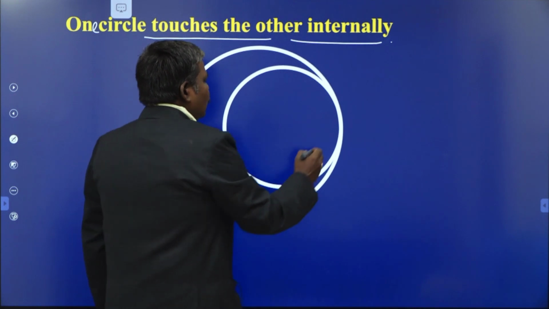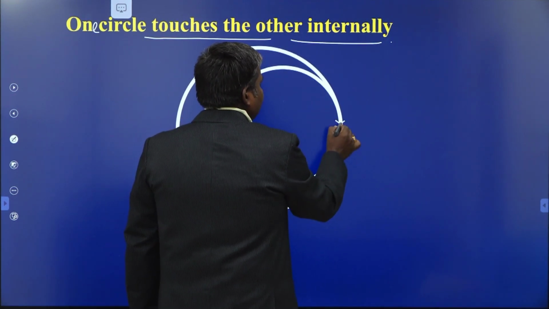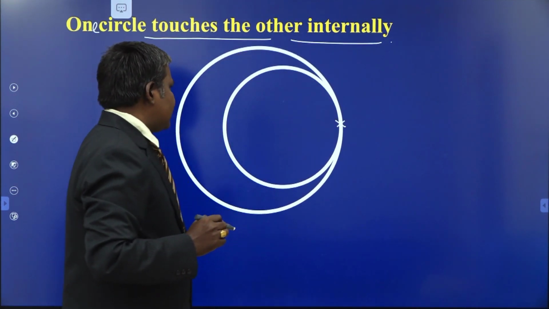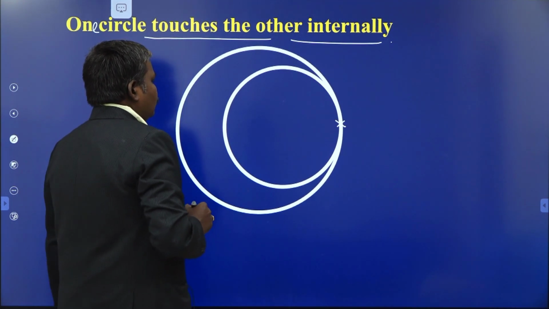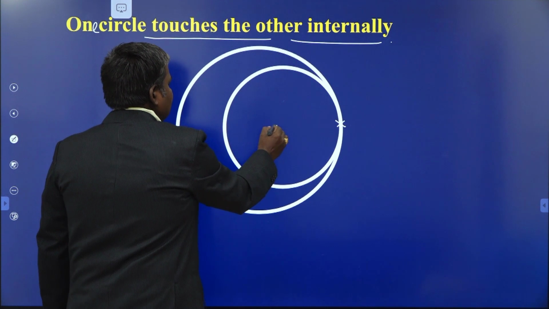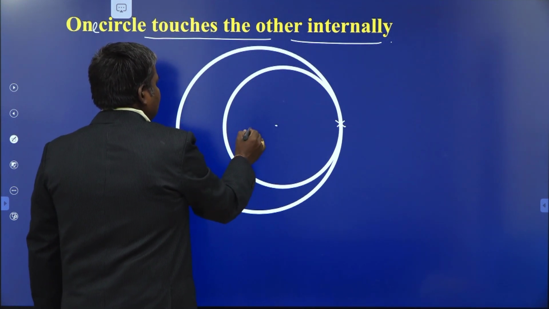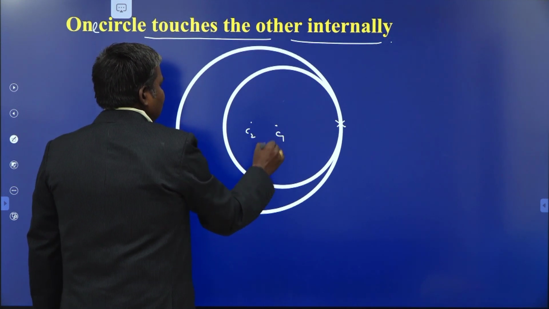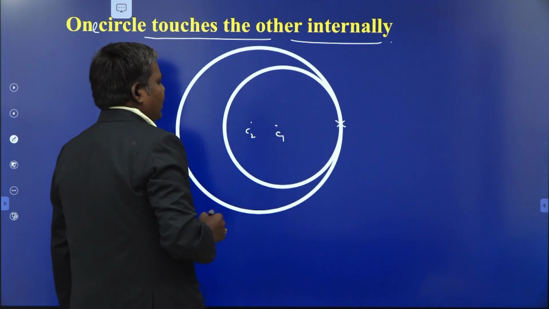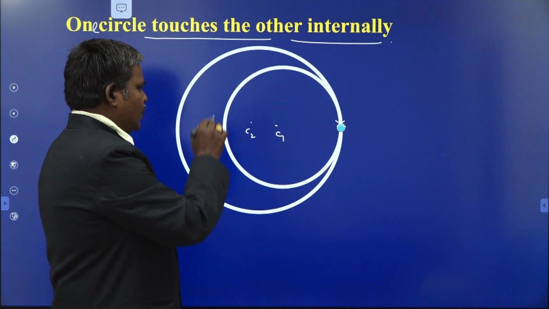So, there exists only one point of contact here. The two circles touch each other at this point. So, these are the two centers. This is the center of the smaller circle, and this may be the center of the second circle. C2, this is C1, this is the point of contact.